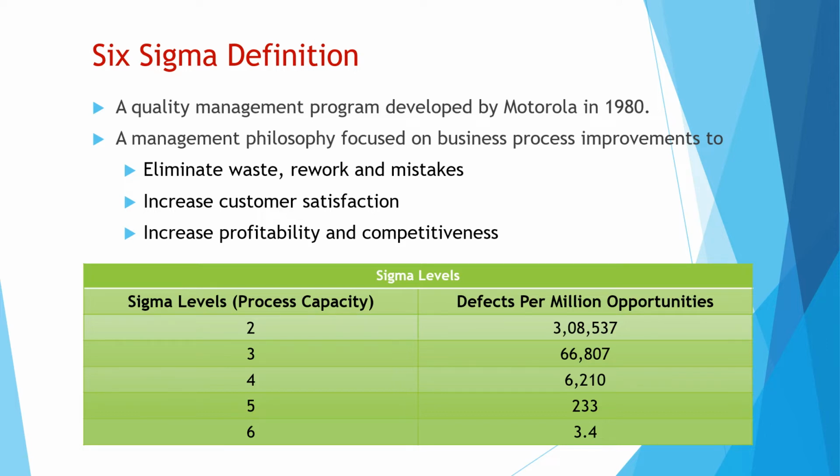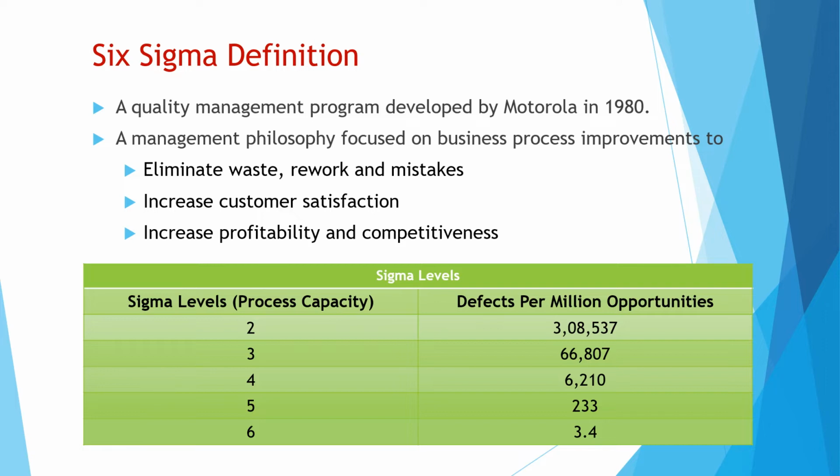Another definition is that it's a management philosophy focused on improving business processes, eliminating waste, rework and mistakes, and increasing customer satisfaction, profitability and competitiveness. See the different levels. At the second level, the defects per million opportunities is approximately 308,537.